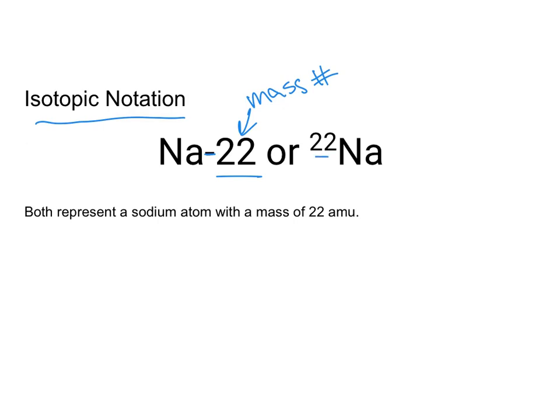Or I can put the mass number on the top left-hand corner of my symbol. So those are both ways to write this. So let's say I have fluorine with a mass of 19. I can write F-19, or I can put 19 up in the top left-hand corner of my symbol F there as well.